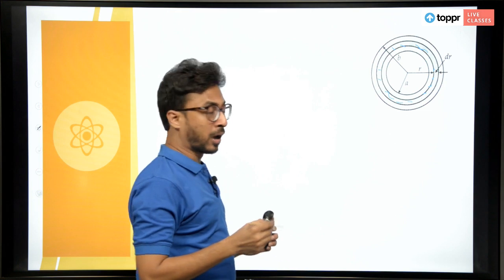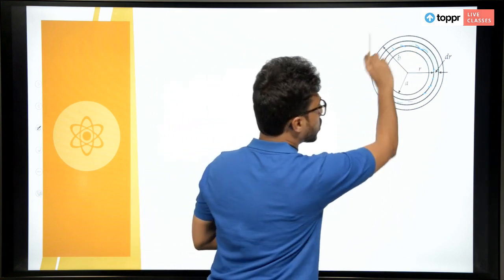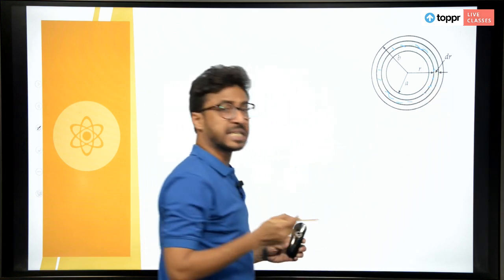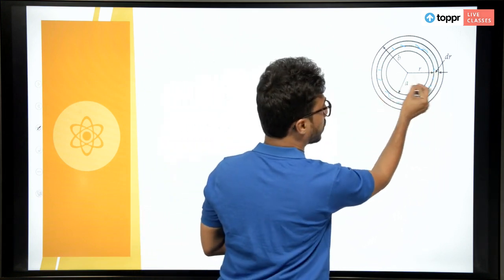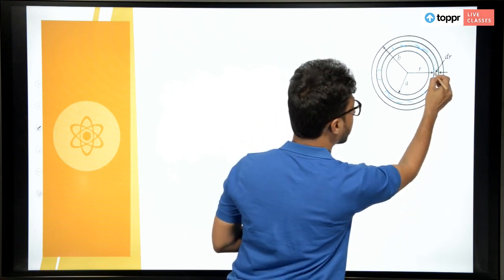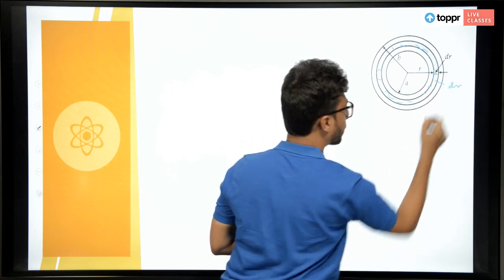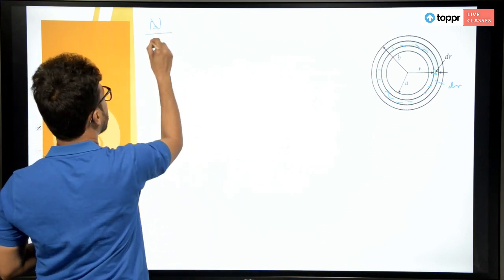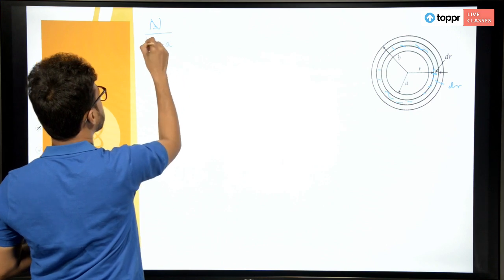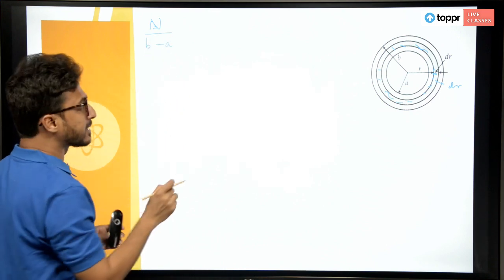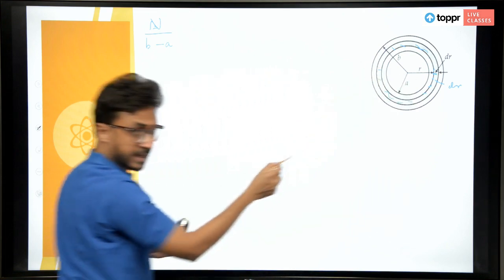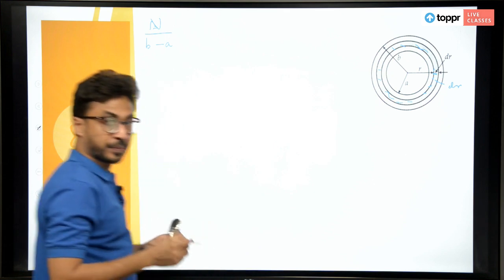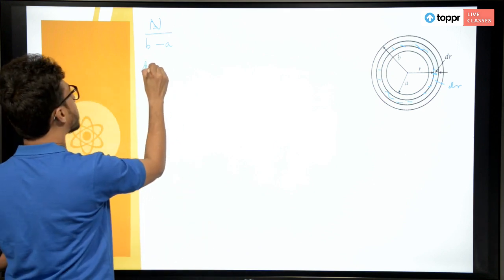We are considering one small area of turns whose radius is r and whose thickness is dr. We have got that the number of turns per unit length is N divided by B minus A. For this dr thickness, this gray area, let the number of turns be dn.